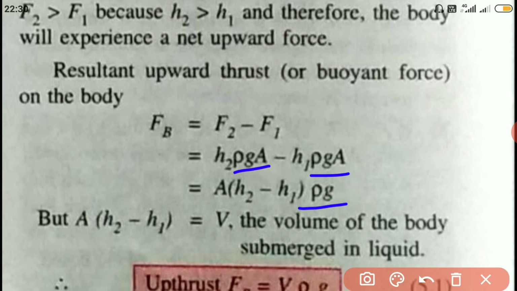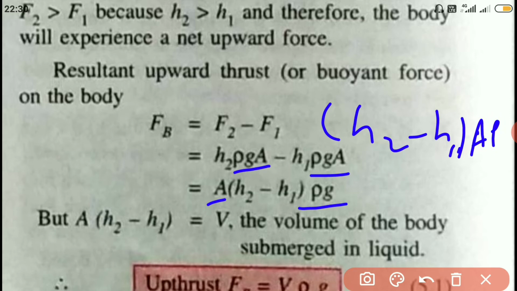So rho g has been written at the back and A has been written at the front. It's the same thing actually. We could have written H2 minus H1 and then A rho g. It means the same, but they have written it in this fashion for a certain reason.